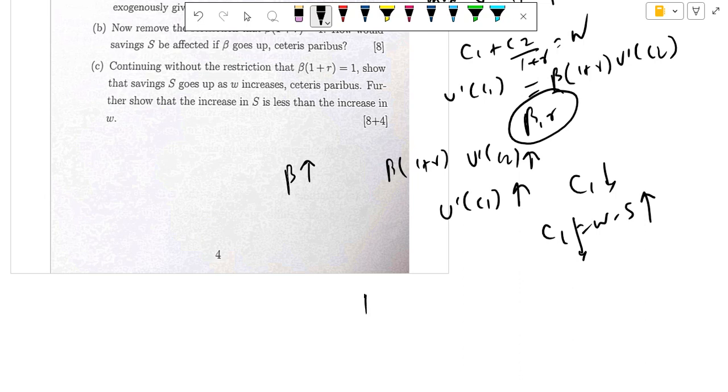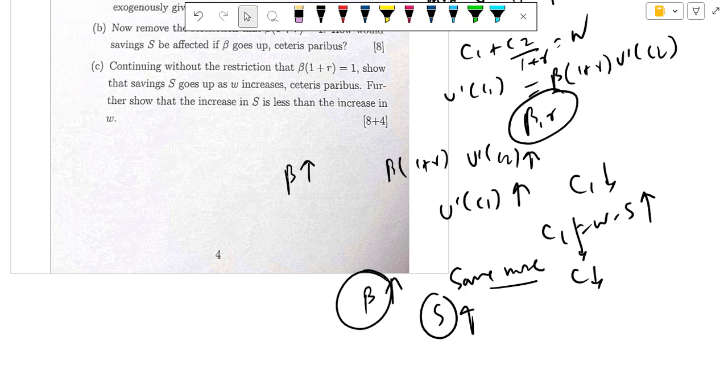So if beta increases while everything remains constant, the individual will choose to save more in the first period and consume less, in order to have more consumption in the second period, which is now valued more heavily due to the higher discount factor. So in summary, if beta increases, ceteris paribus, it would lead to an increase in savings.